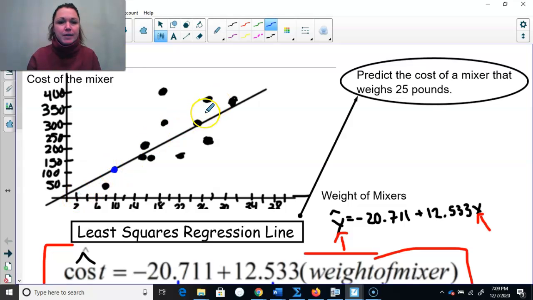Now, this is probably a sketch, so don't take this all literally. Don't plug it in. If it's not 100, that's okay. This is all, like I said, just a sketch based off of previous data that I had. So we go into the store. This mixer weighs 10 pounds. We don't know the cost, so we plug it into the equation. Our equation tells us it's supposed to cost $100.